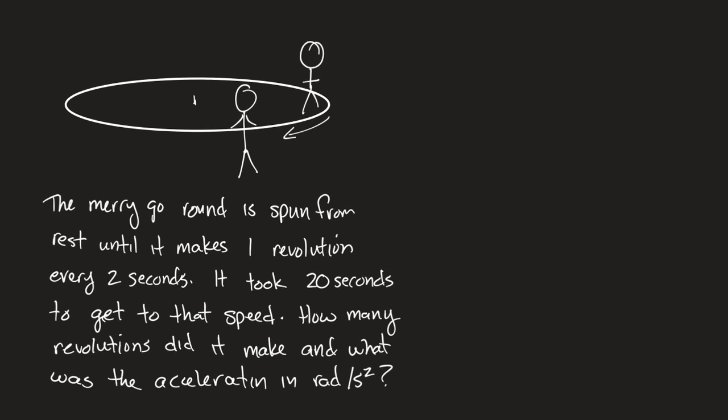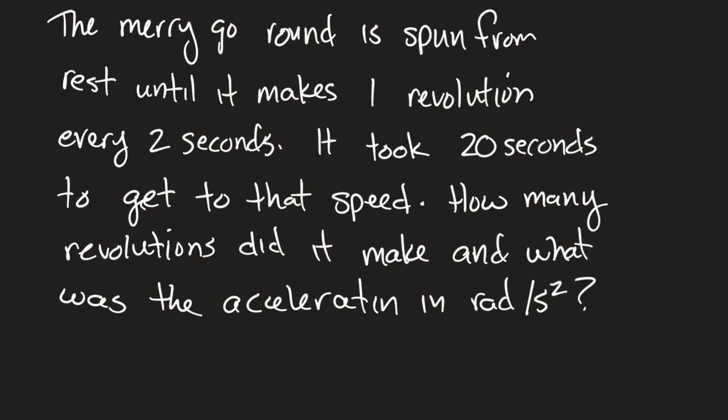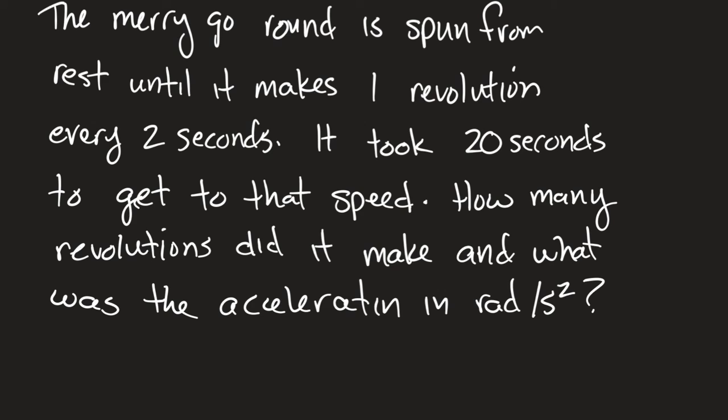The merry-go-round is spun from rest until it makes one revolution every 2 seconds. It took 20 seconds to get to that speed. How many revolutions did it make? And what was the acceleration in radians per second squared? Still the same kind of problems. Not particularly interesting, but I think we can nail these.